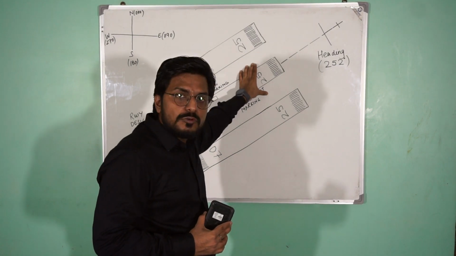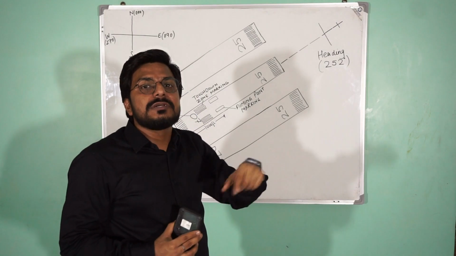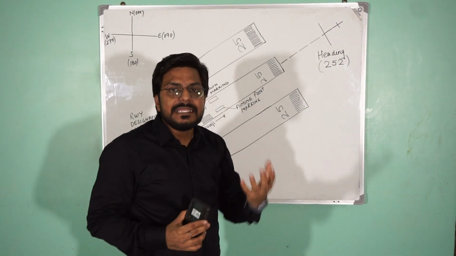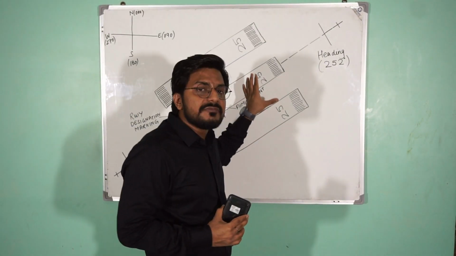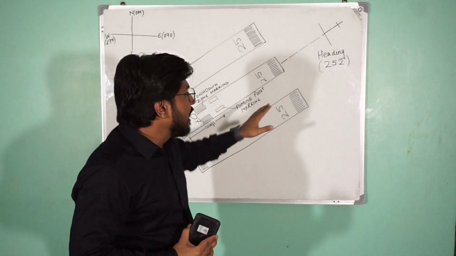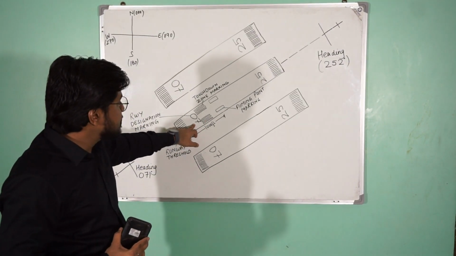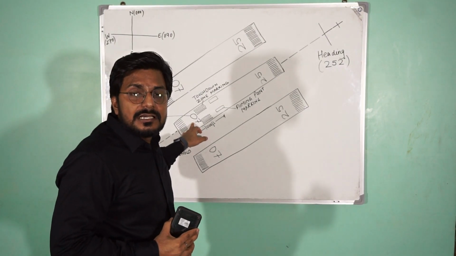If this number is more than 18, then you deduct 18. The number 25 is more than 18, so we subtract 18 and you get 07. In this case, 07 is less than or equal to 18.